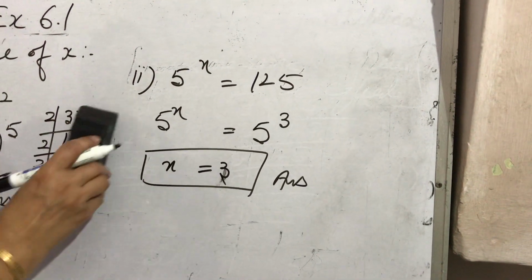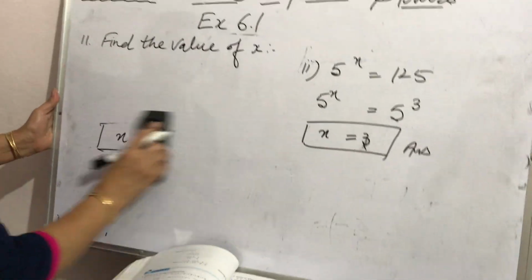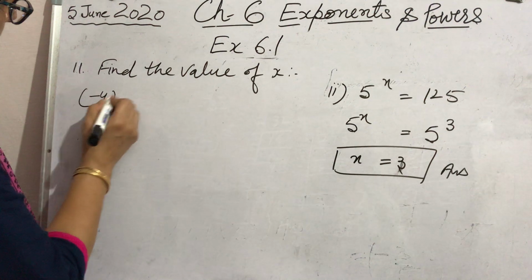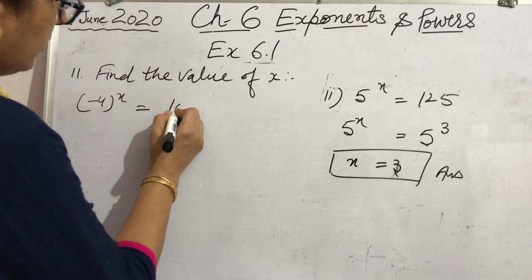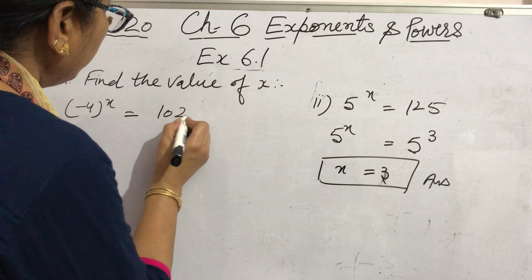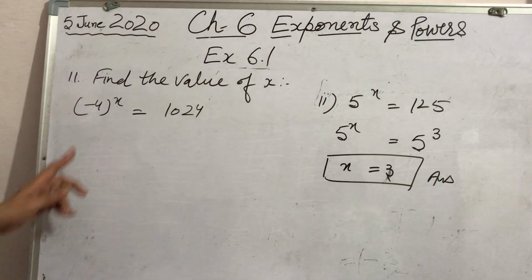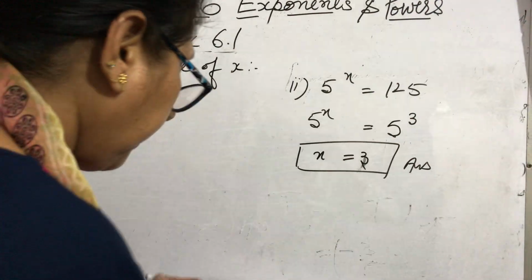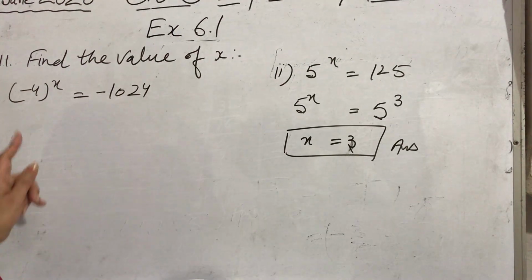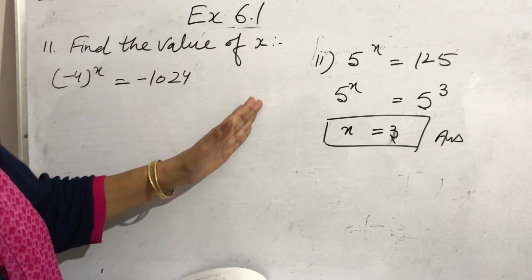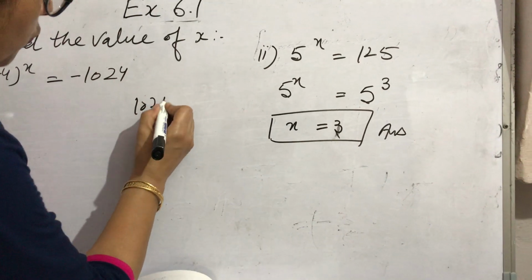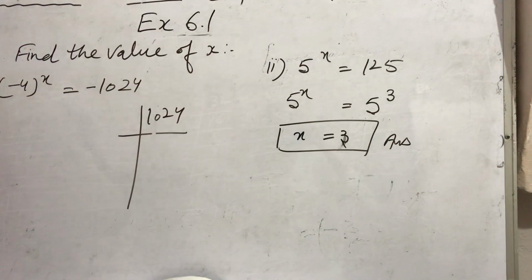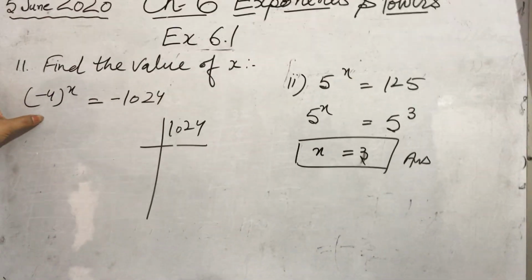Next part, third part of the same question. (-4)^x = -1024. Now we have to make the base 4. We have to find prime factors of 1024, but 4 is not a prime number, it is a composite number.